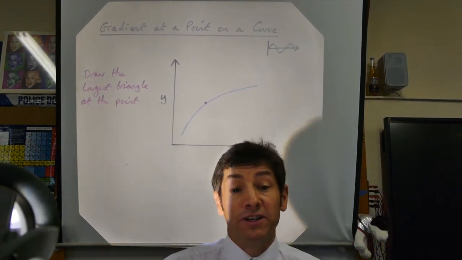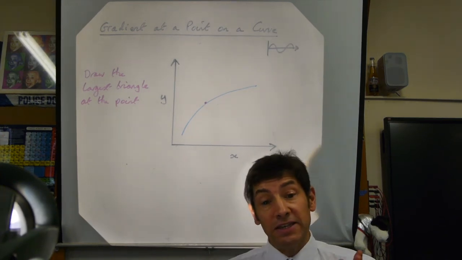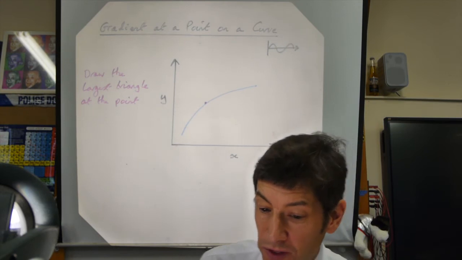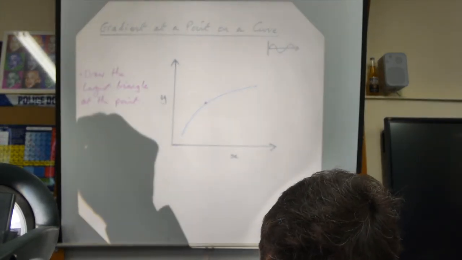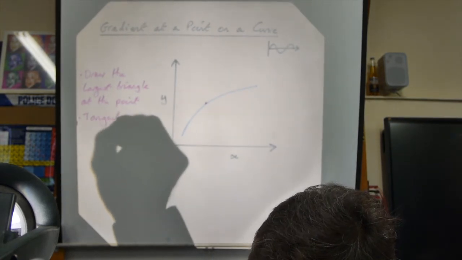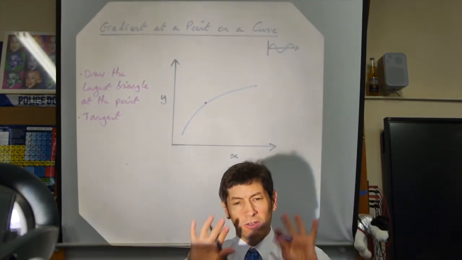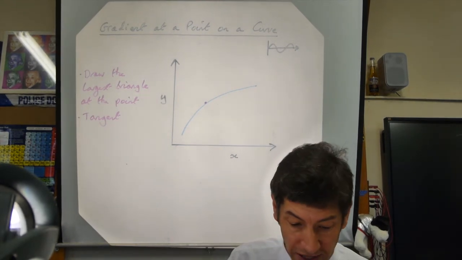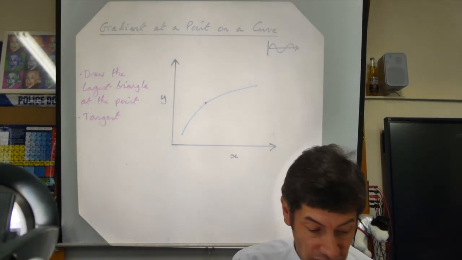At the point you're interested in, because the gradient is changing. And to do that, you need to understand how to draw a tangent. I'm not talking about sine, cos, tan on the calculator at the moment. I'm just saying the idea or the concept of a tangent.